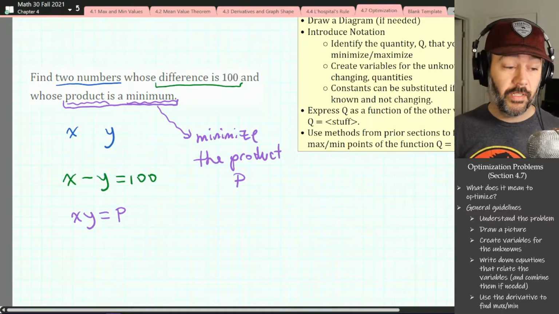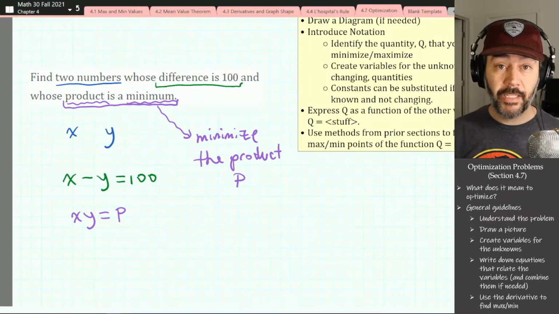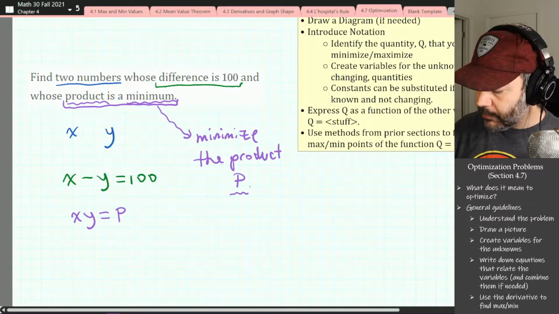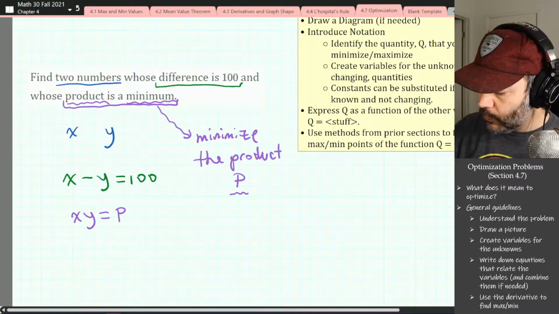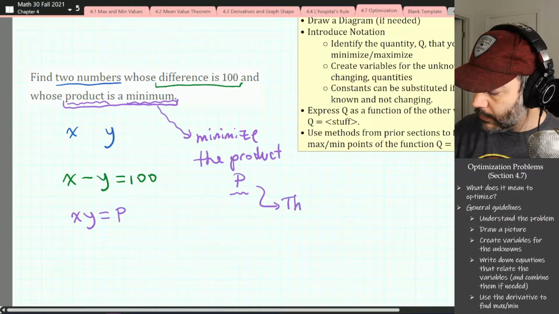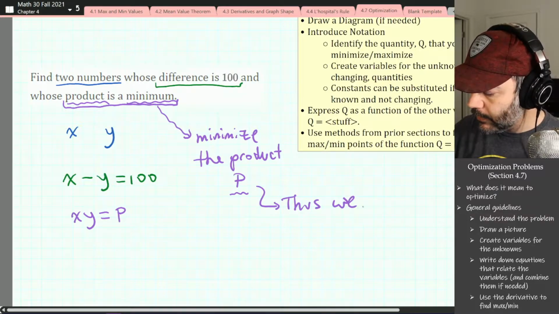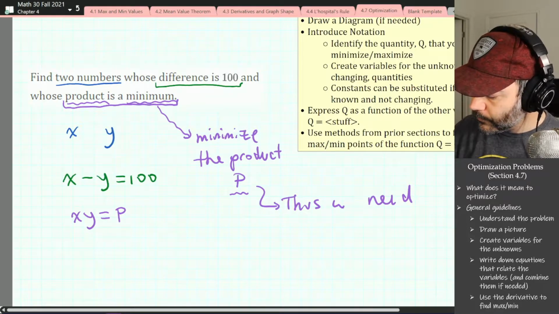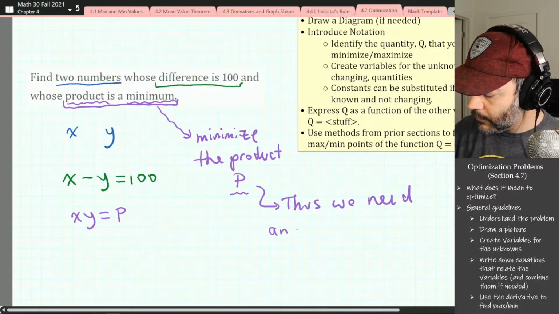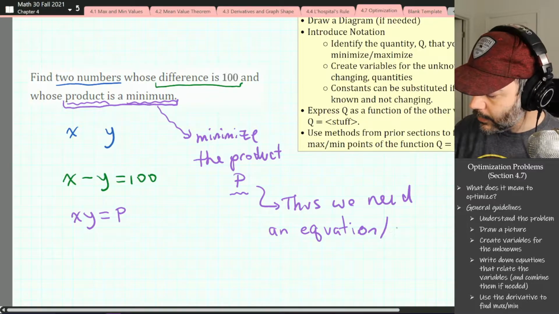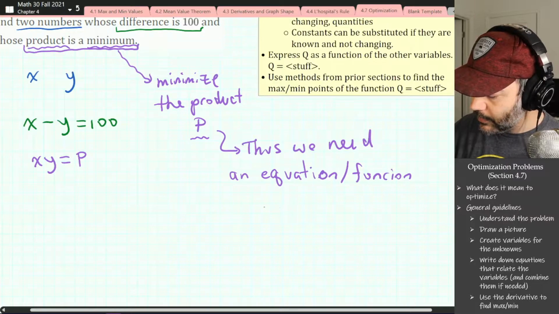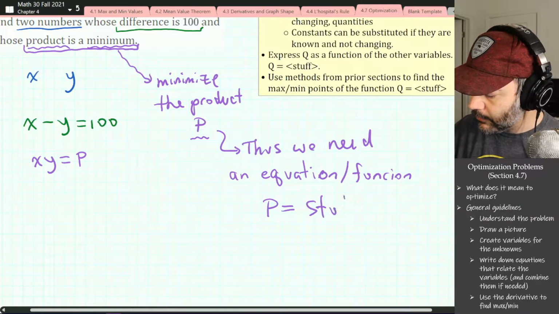One of the most important parts of these is read the question and figure out what you want to maximize or minimize. Since we want to minimize P, then I know we need an equation, a function, like this: P equals stuff.